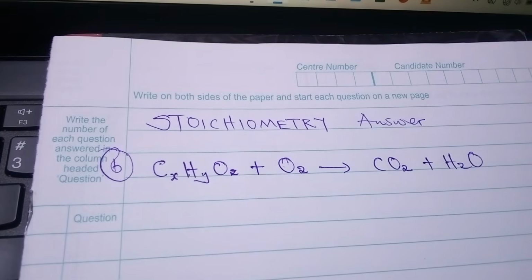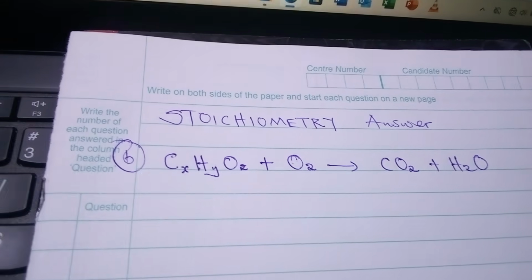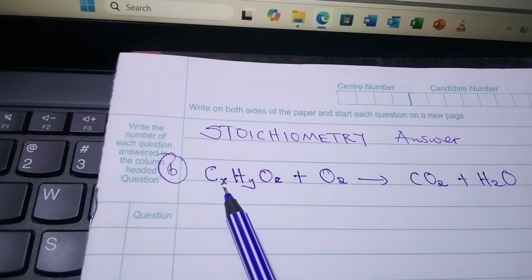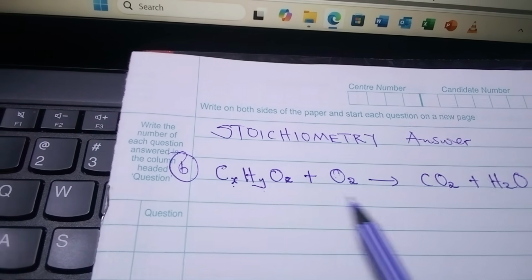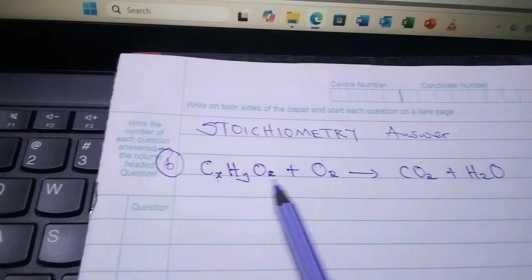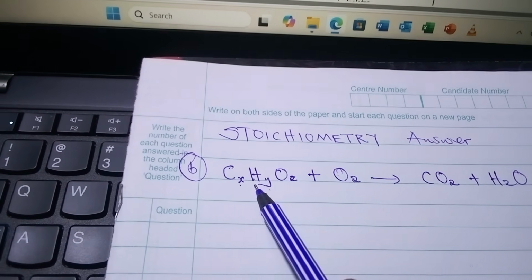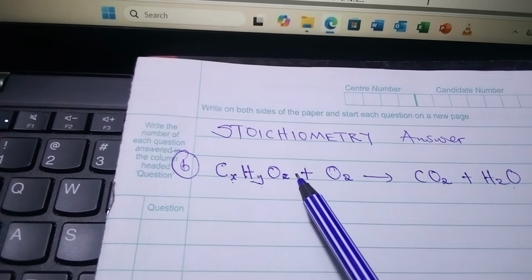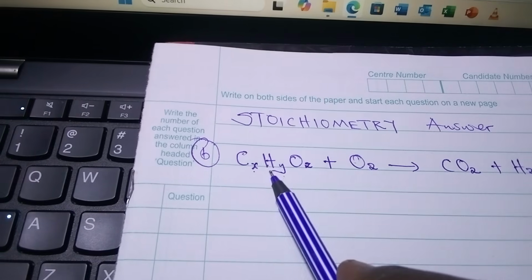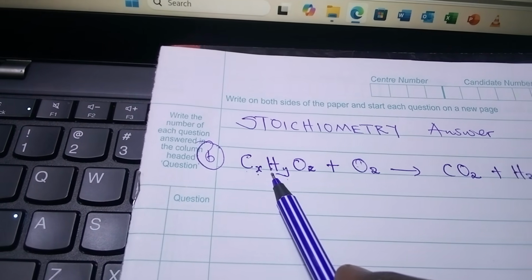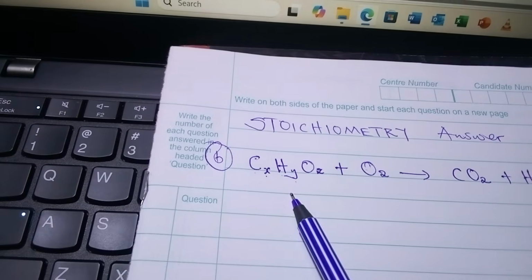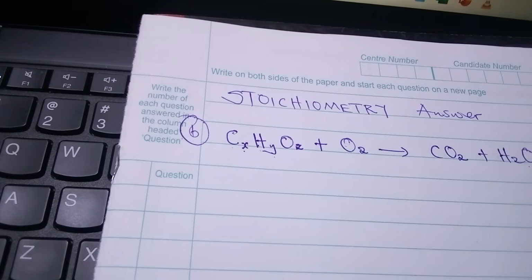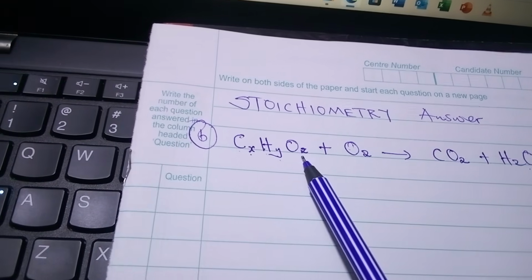One thing you should bear in mind is that you have to find the mass of carbon, hydrogen and oxygen. The mass of carbon is determined from carbon dioxide, and the mass of hydrogen is determined from H2O, that is water. For oxygen, you add the masses of those two, and then subtract the total from the total mass that is given to you. That will be the mass of oxygen.